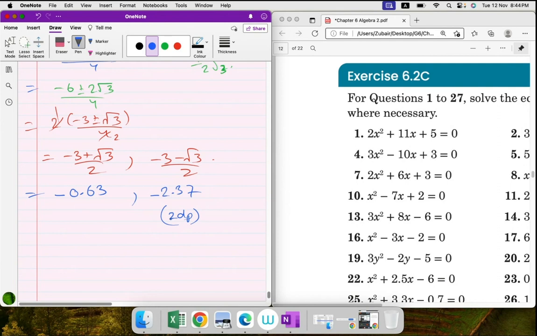Answers are rounded to 2 decimal places. Try if you get the same answers, because mostly there is no restriction in exam, so we'll be giving answers in decimals.